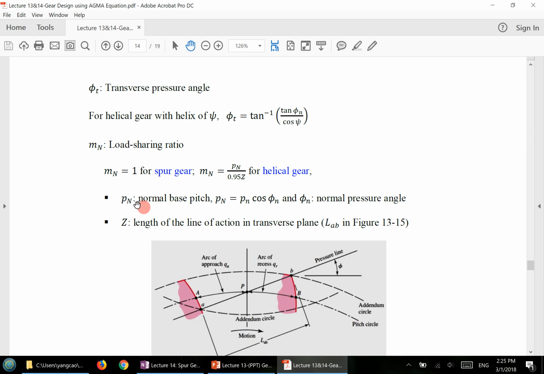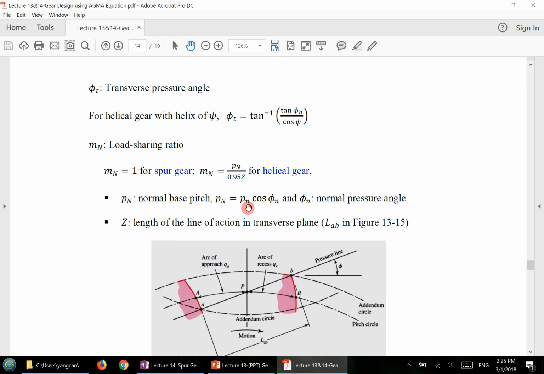Pn is basically the normal base pitch, the circular pitch value along the base circle. And in which plane? In the normal plane. For a helical gear you've got two planes, transverse and normal, and this one is in the normal plane.